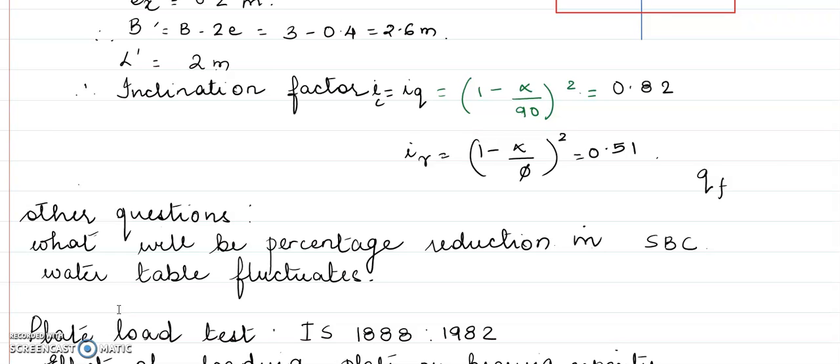What if the water table falls down? Then how will it change? So you'll have to find out the bearing capacity in each case and find out the percentage variation.